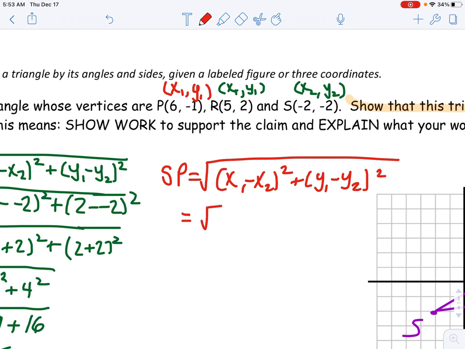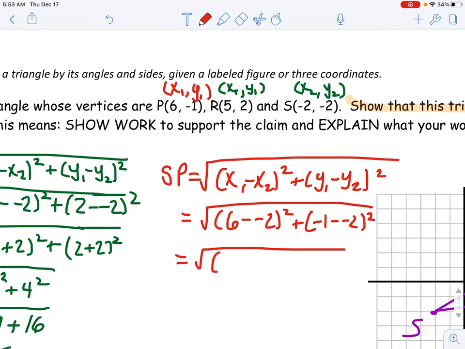Alright, now I'm going to plug everything in very carefully. And notice how I draw the giant square root each and every time. Again, what I do is stuff you should do as well. I don't do it for fun. I do it to try to model what you guys should do. And then when I clean up everything, I get 6 minus negative 2, so 6 plus 2 squared plus negative 1 plus 2 squared.